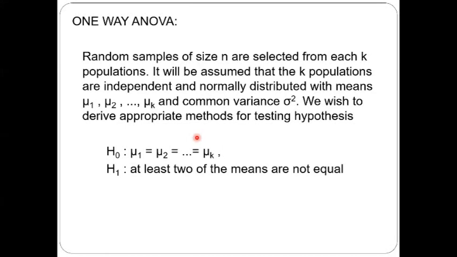And syempre sabi natin, di ba, ang kabaliktaran ng H sub 0 natin is the H sub 1, which is yung kung equal lahat ng value natin for the null hypothesis natin, dapat hindi equal si alternative hypothesis. So dito, sa alternative hypothesis natin, ang assumption natin for this is at least 2 of the means are not equal. So we have na dito yung hindi na siya equal kasi nga yung null hypothesis natin is equal.